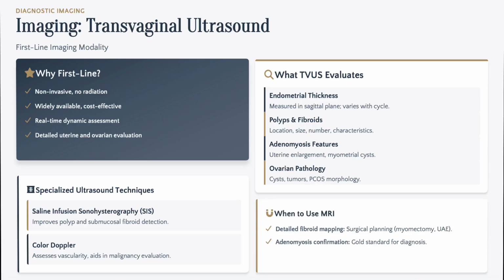Detailed fibroid mapping is done by MRI, usually before surgery when you are planning for surgery, and also adenomyosis confirmation. The gold standard for adenomyosis is what? MRI. What about endometrial sampling?